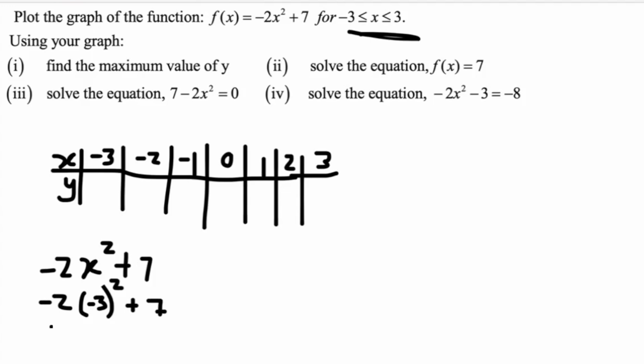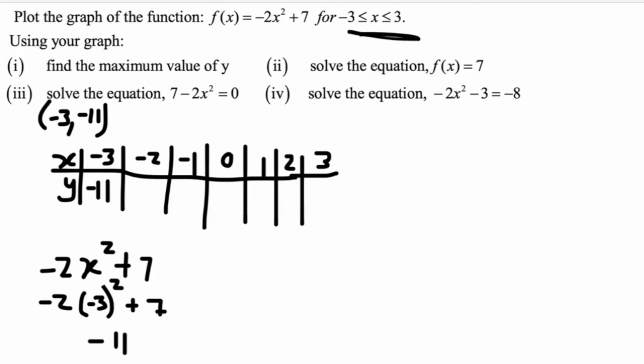So -3 squared, don't forget that when you square a minus number, it is going to be positive. So we have -3 squared, that is 9, times 2, but because of the sign, it will be -18. So -18 plus 7 gives me -11. So I'll have -11 for my first y value. So it means when you're plotting, you're going to plot x is -3 and y is -11.